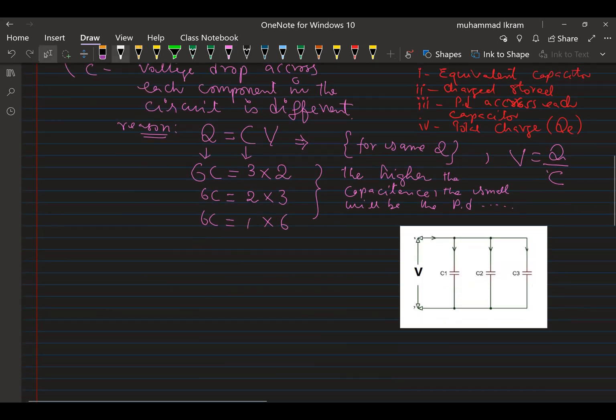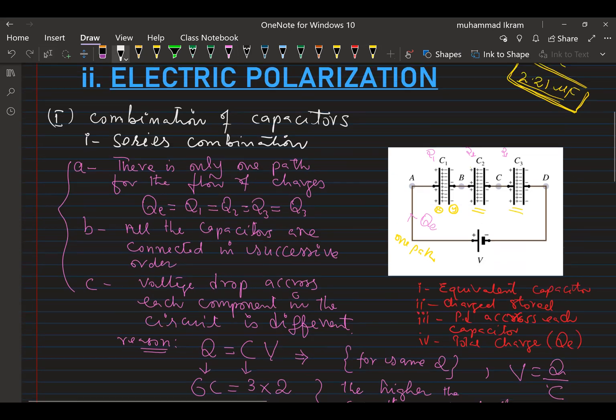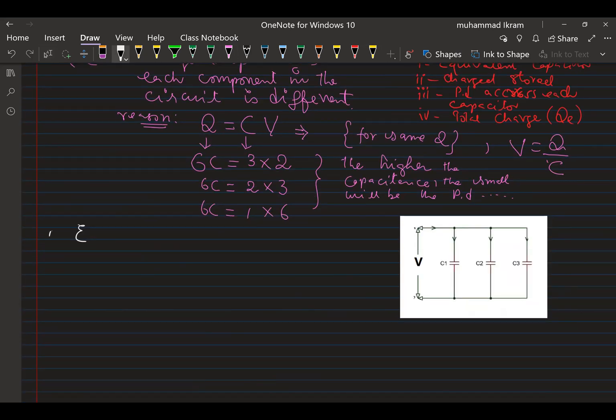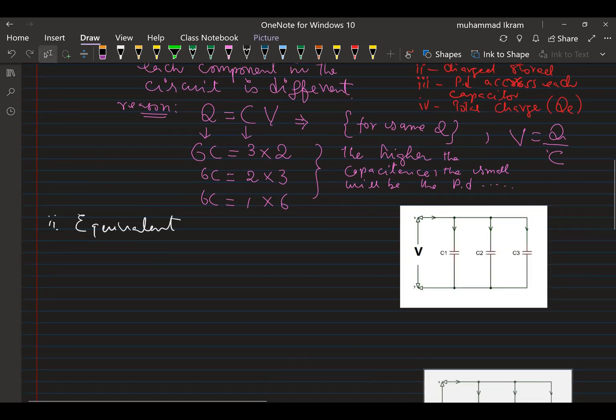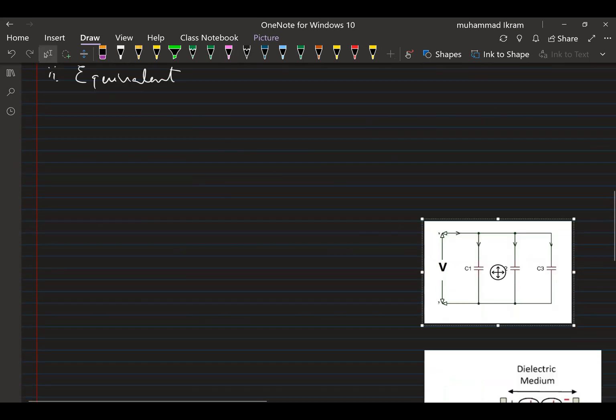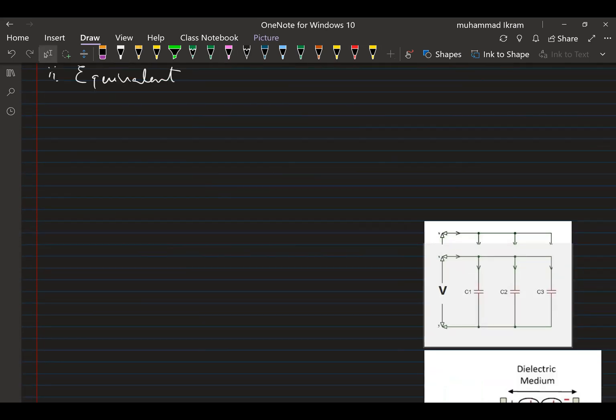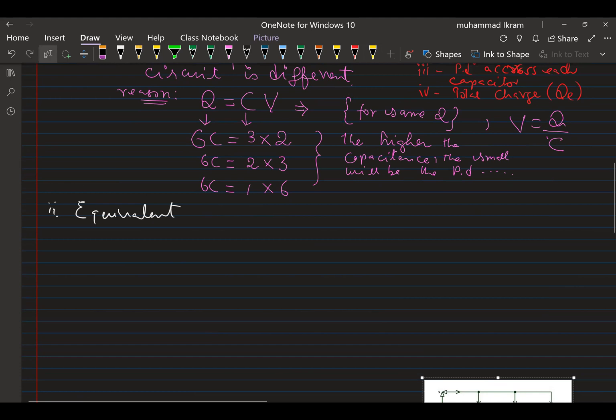So let us now move on to the equivalent capacitance in the circuit. That is our point one. Our point two is the equivalent capacitance. What will be the equivalent capacitance for the capacitors?